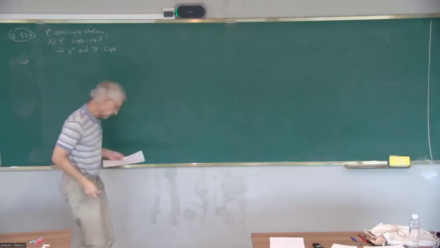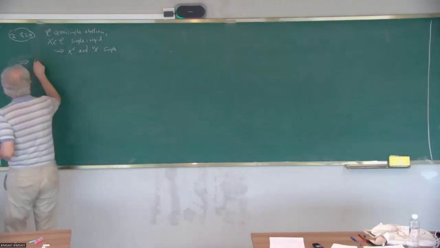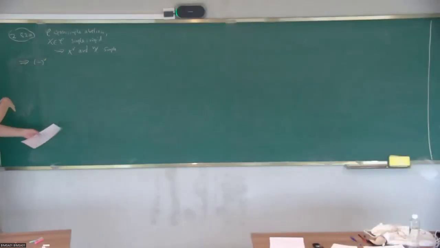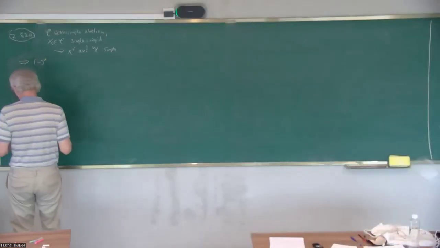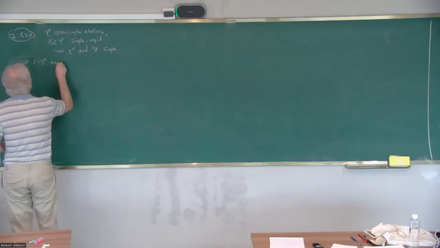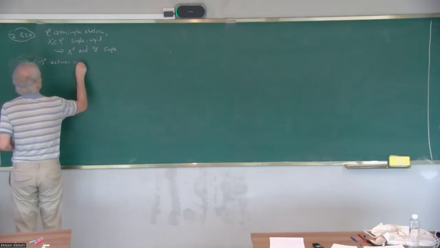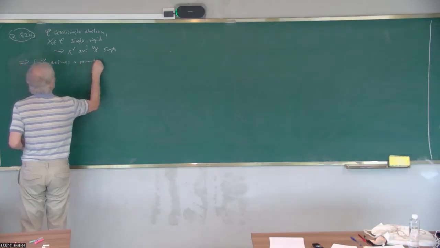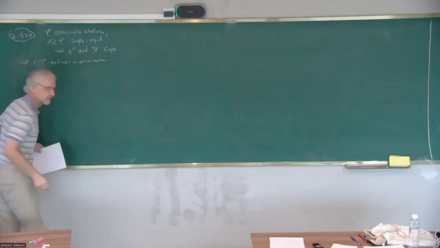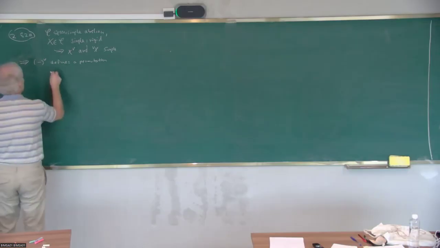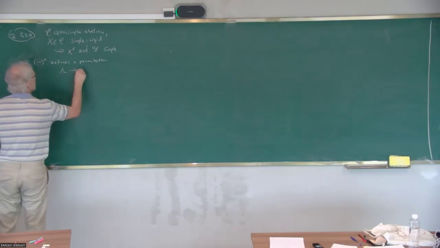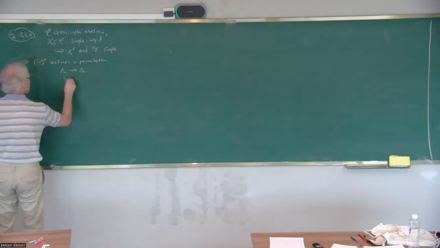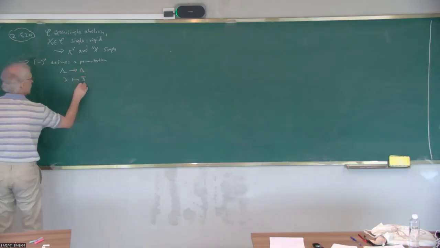And as a consequence of that, the functor, right duality or analogously left duality, defines a permutation on the set of isomorphism classes of simple objects, which we call lambda. And I denote this permutation by putting a bar on the label.